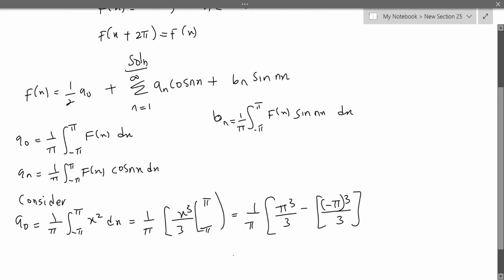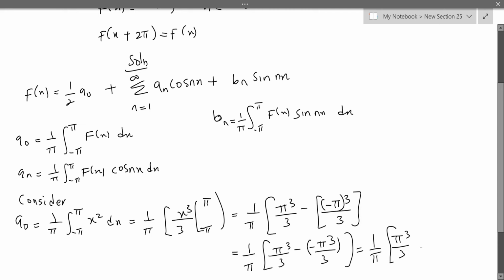So let's evaluate this. We get 1 over pi times pi cubed over 3 minus minus pi cubed over 3. That minus times minus gives you plus pi cubed over 3. So the denominators are the same, or if you do LCM, you get pi cubed over 3 pi.